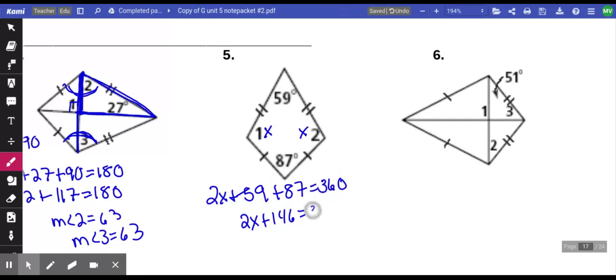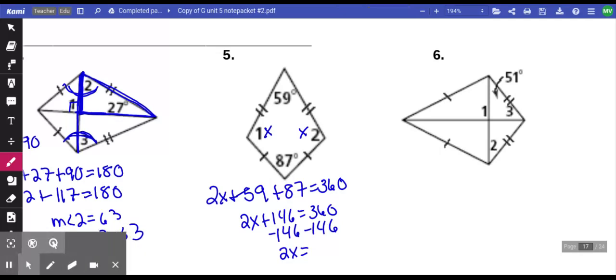I keep making that same mistake. Sorry, it's 360 when it's the whole shape. Subtract 146 from 360. And I get 214. Divide by 2. x equals 107.